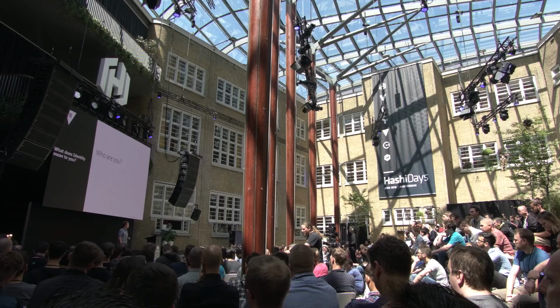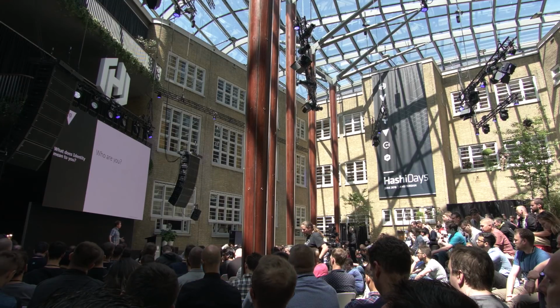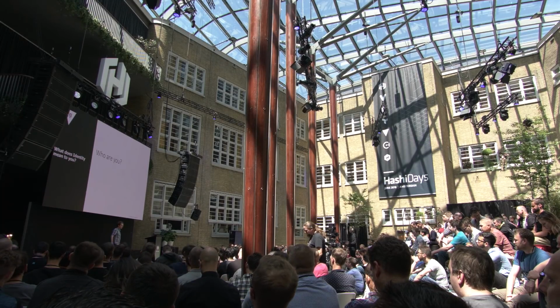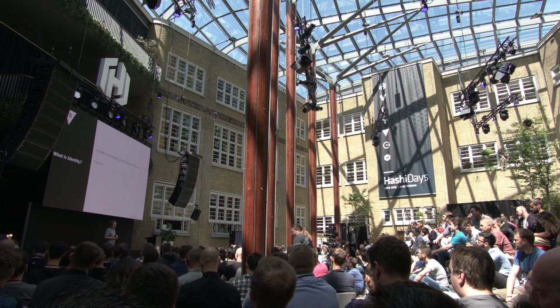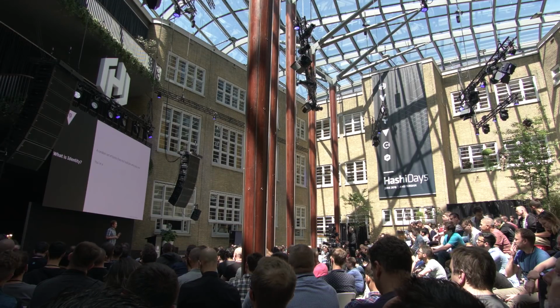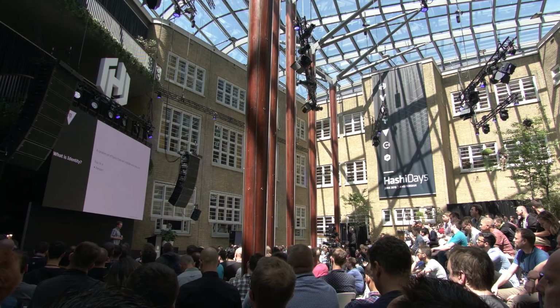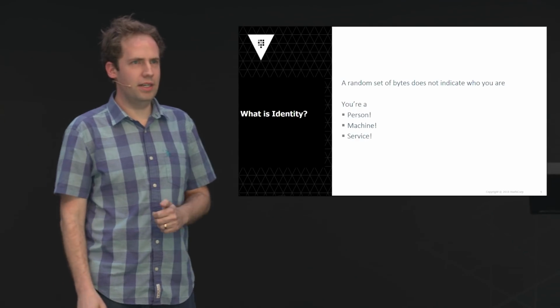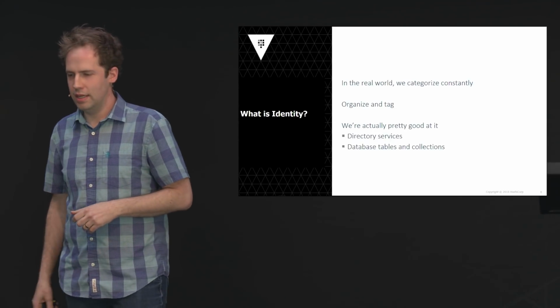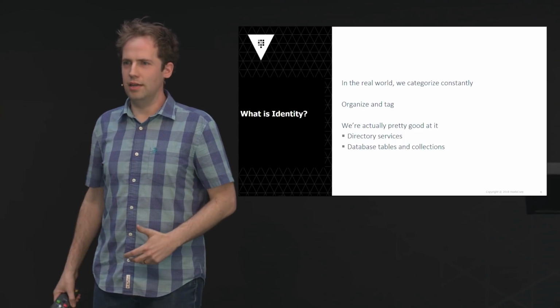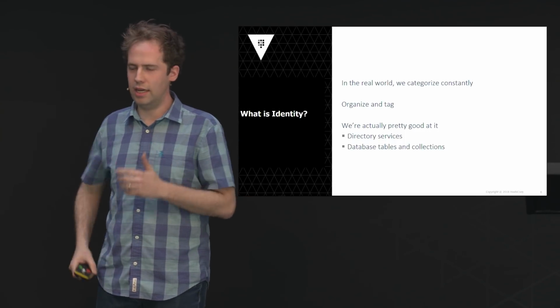And really all this comes down to who are you, right? That's what those questions really all answer. Like you are kind of the sum collection of your parts. So, a random set of bytes is not who you are. You are a person. You're a machine. You're a service, right? You're not just your Vault token. And in the real world, we categorize all the time, right? So we organize and tag things.